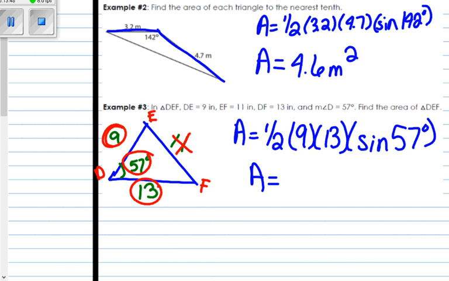Hold on one second. Let me double check that I've got the right answer. Don't forget to divide by 2 or multiply by 0.5 at the very end. Yep, round to the nearest tenth. Make sure you have divided by 2.